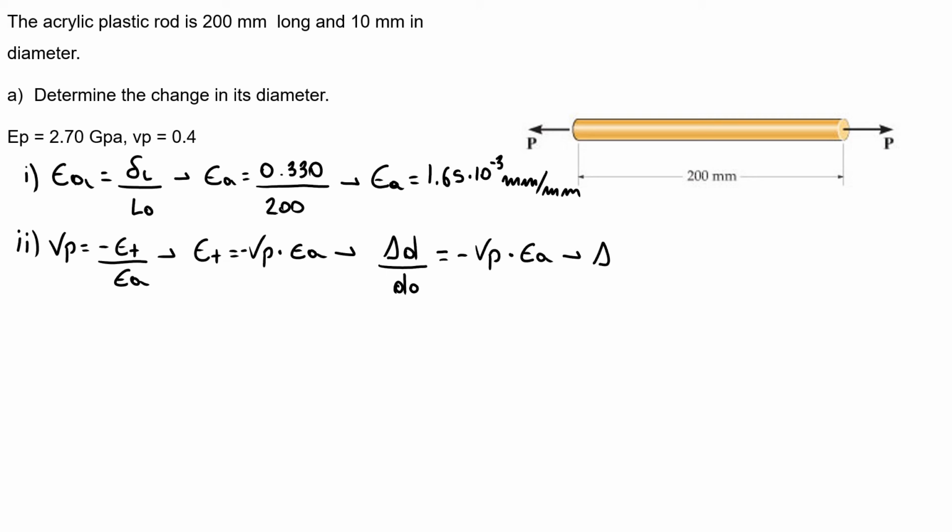So our change of diameter is minus 0.4, our Poisson's ratio, times 1.65 times 10 to the minus 3, that's our axial strain, times 10 millimeters, that's our original diameter. So we know our change in diameter equals minus 6.60 times 10 to the minus 3 millimeters.